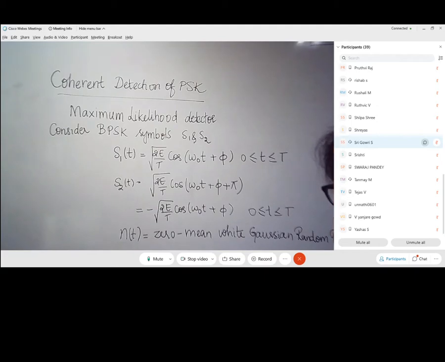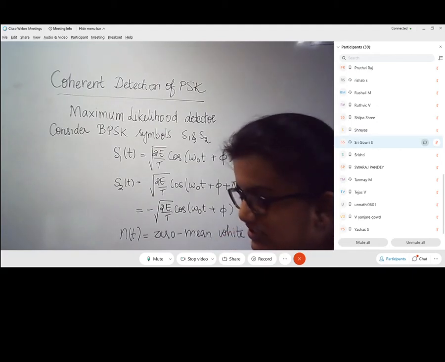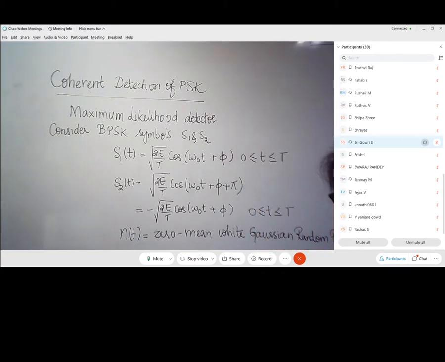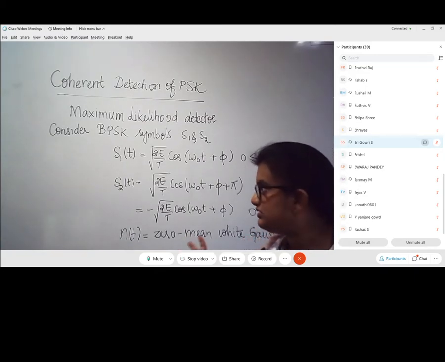So for simplicity's sake, when we are going to deal with coherent detection, as I told you in the beginning itself, there will be two types of receiver structures. One will be coherent detection, the other one will be non-coherent detection. In coherent detection, we make use of the initial phase of the carrier while detecting the symbols.